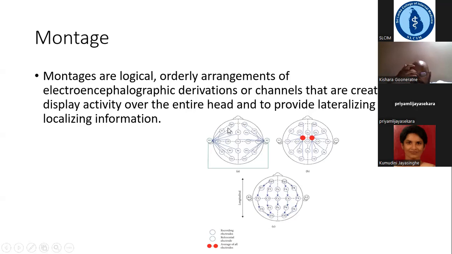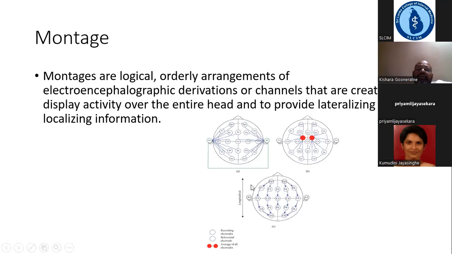What is measured is generally the difference between the potentials of two electrodes. In this particular montage, we are referencing all the electrodes on the left and the right to a single electrode, which is A1 on the left and A2 on the right. So every potential is against that electrode on that particular hemisphere.